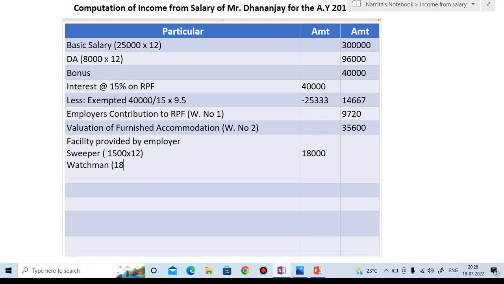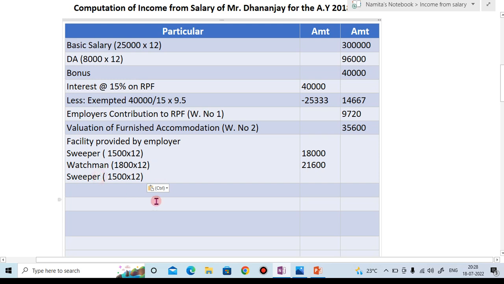Watchman is 1,800 multiplied by 12, 21,600. And servant is also how much? 1,500 per month. Servant, these are completely taxable perquisites. So 18,000 plus 21,600 plus 18,000, the total is 57,600.